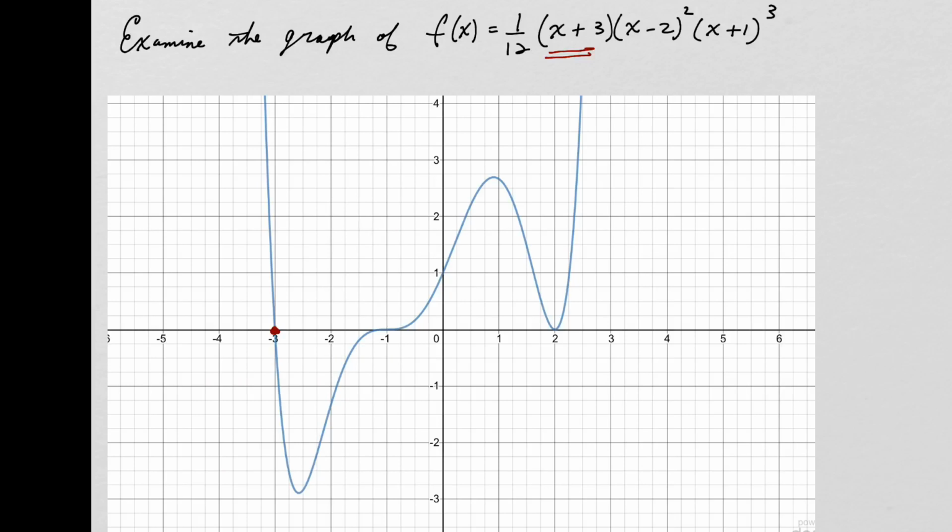So I'll say the x equals negative 3 root comes from the x plus 3 factor. Because remember, when we set it equal to 0, we get x equals negative 3.